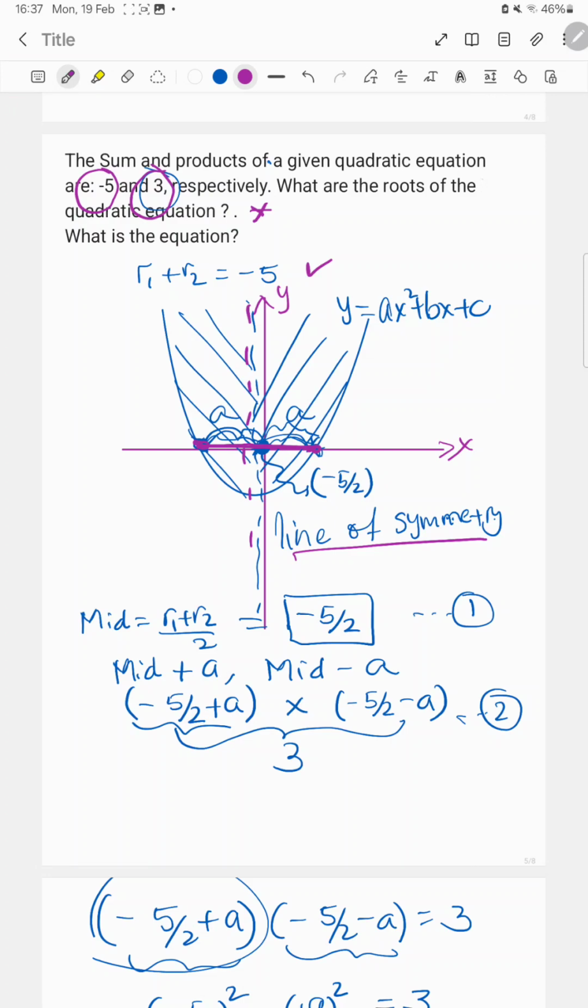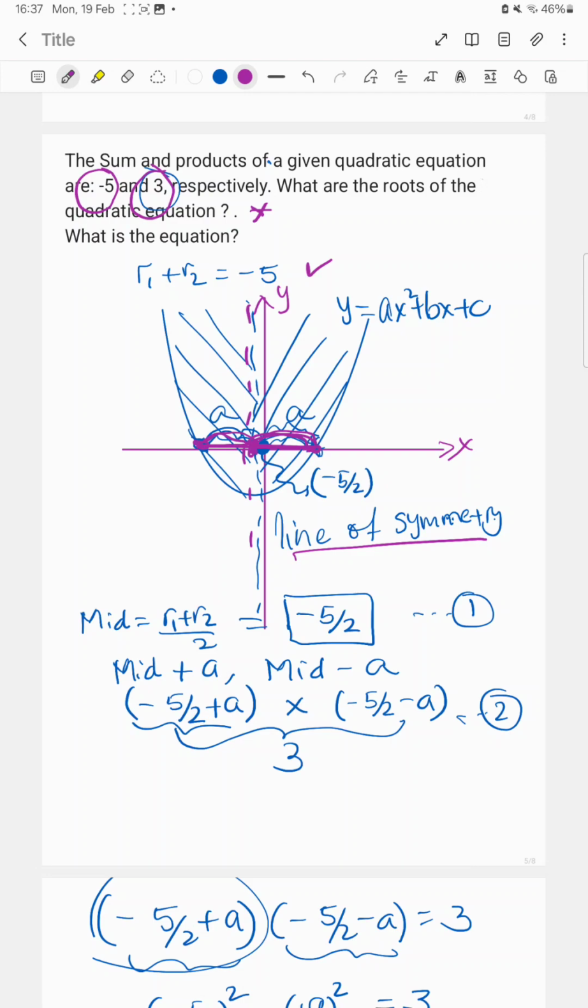At the same time, it intersects with the line of symmetry. Because the line of symmetry divides the parabola into two equal parts, we have equal distance from the intersection point to either of the two roots. So we take that fact.